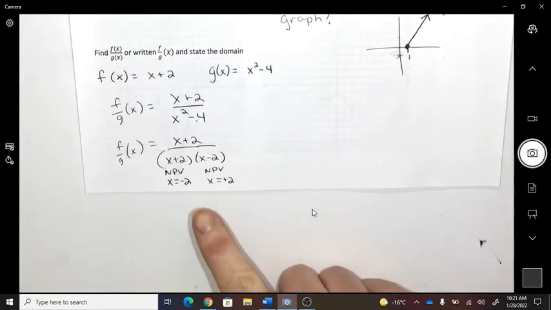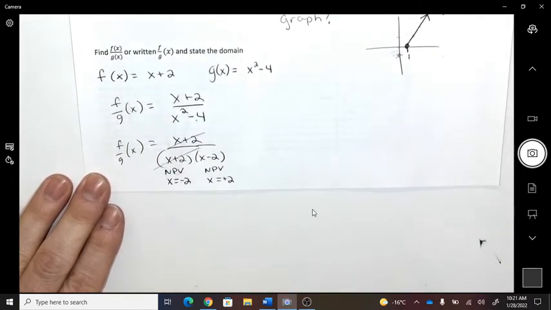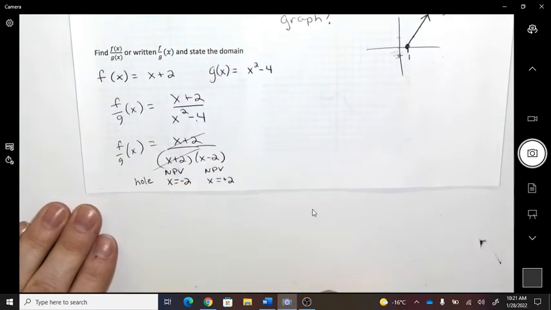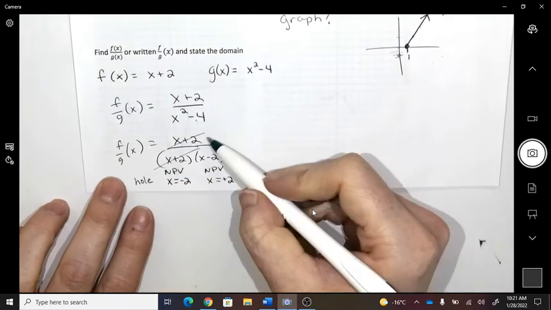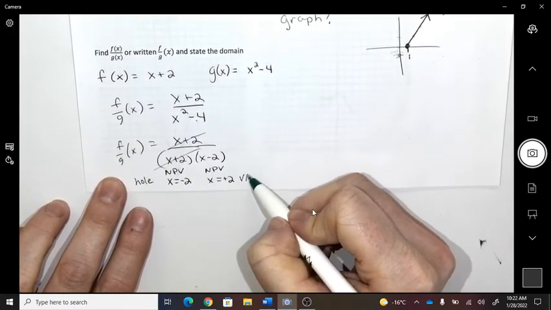What do you know on the graph? What does this do? Do you remember? Because this would happen. So there would be a hole in the graph. And what would this be on the graph? Vertical asymptote.